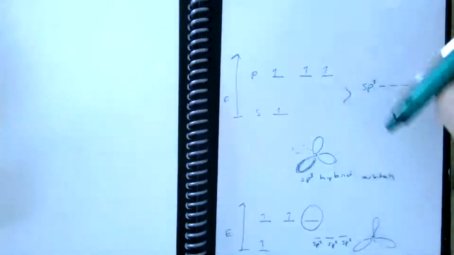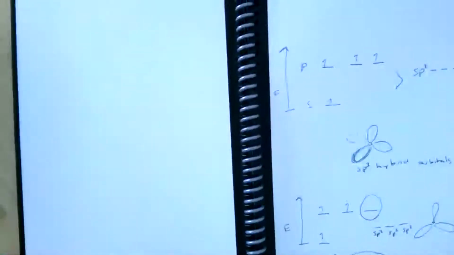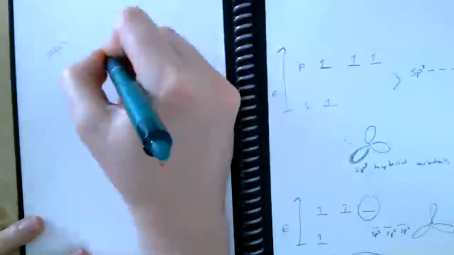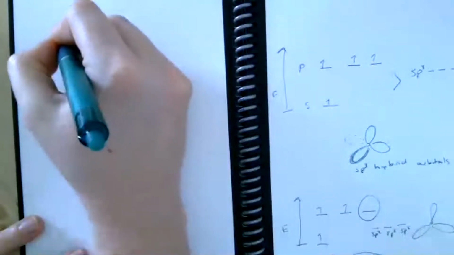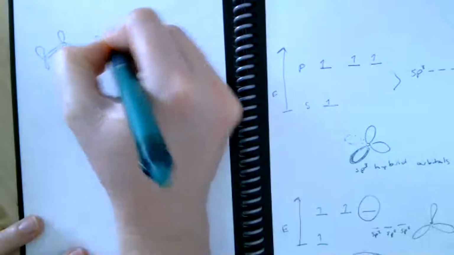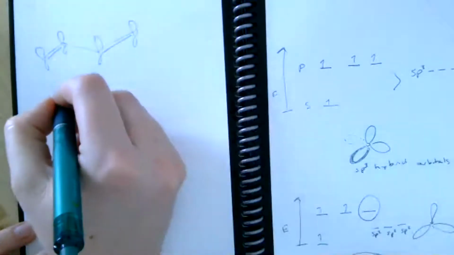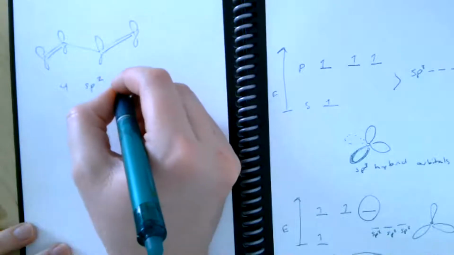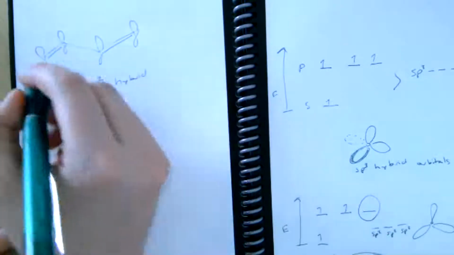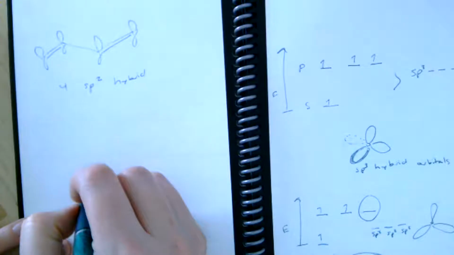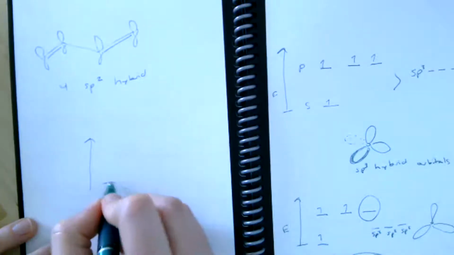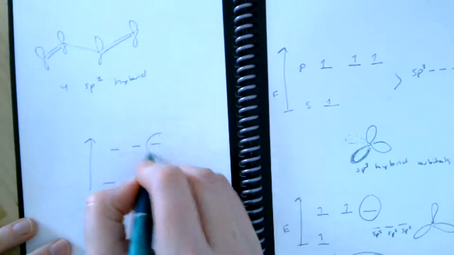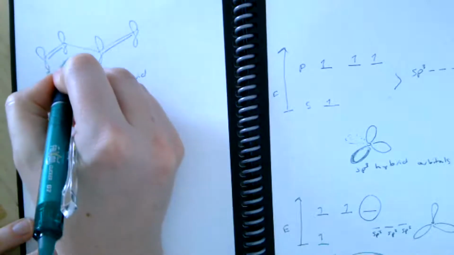So the way I kind of like to think about that then is if you have four sp2 hybrid orbitals, each of these have one p orbital available, and that's what I've drawn here.